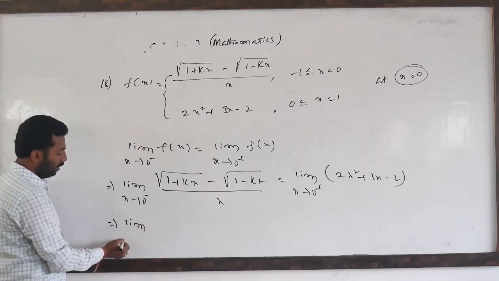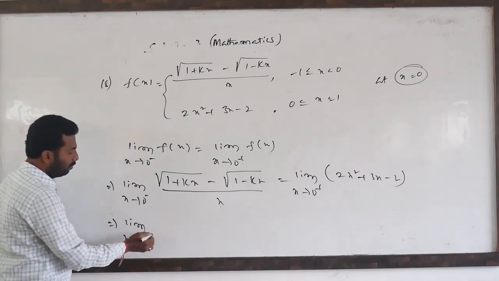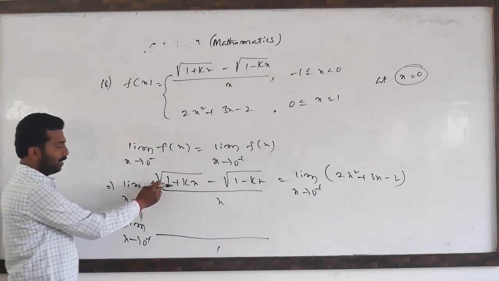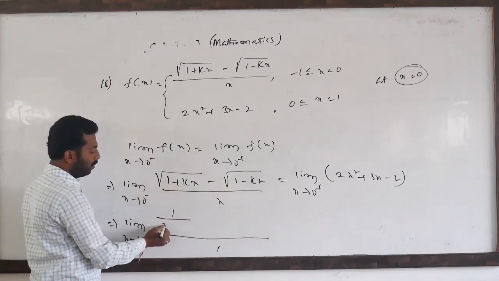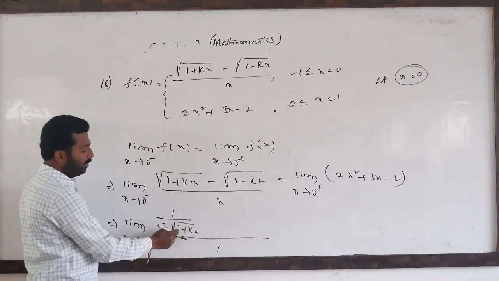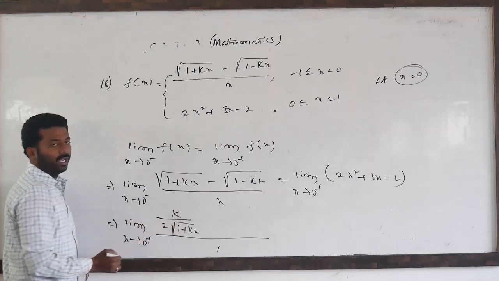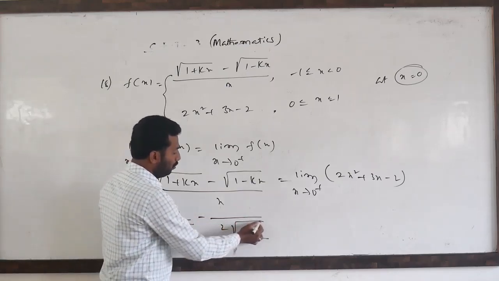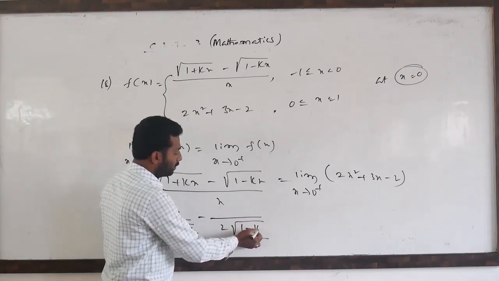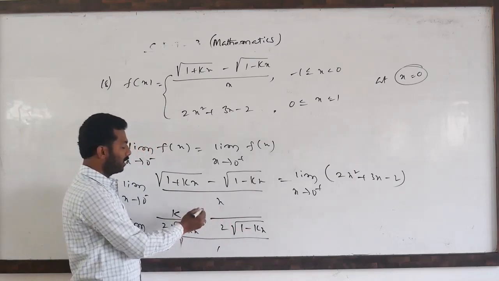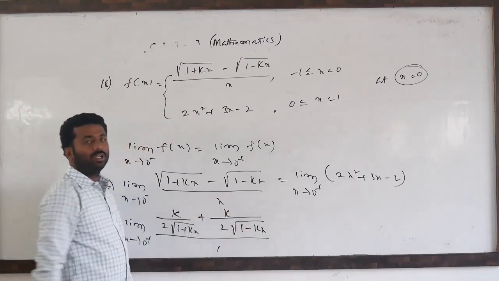So limit x tends to 0 minus, anyhow denominator derived to 1, x derived to 1, numerator root of f of x: 1 divided by 2 root of 1 plus kx, 1 derived to 0, kx derived to k, minus, again 1 by 2 into root of 1 minus kx, 1 derived to 0, minus kx derived to minus k, so this is plus k.